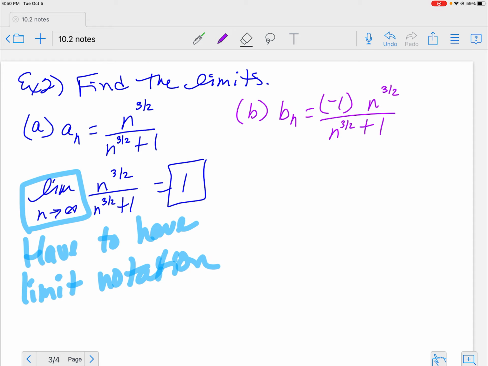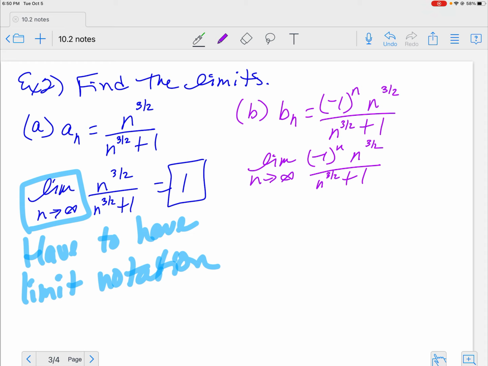It looks like an H. So the only thing that I'm changing here is I'm putting that -1 in there. What's that going to do for me? If I take the limit as n approaches infinity, what happens if I have an even number?